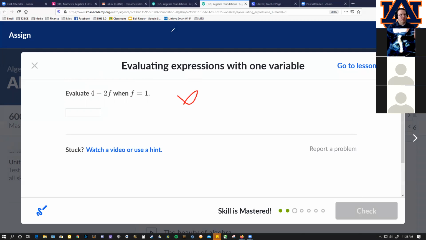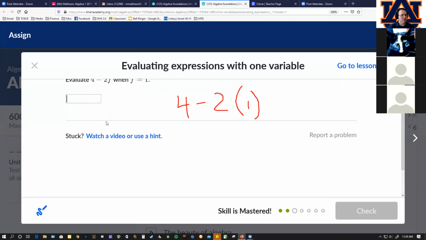Apparently, once I went to mouse mode, it wouldn't let me go back to draw mode. Okay. 4 minus 2f when f is equal to 1. Oh, goodness, I even wrote it wrong. 4 minus 2 times f, when f is equal to 1, would be 4 minus 2.